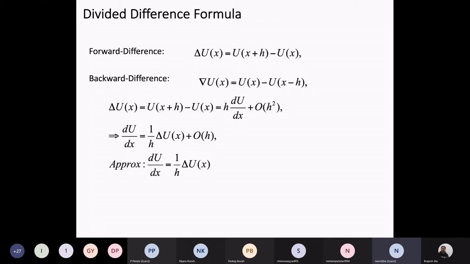The forward difference operator is u of x plus h minus u of x, and this forward difference operator is helpful in finding the first derivative. The question is, how have I obtained this forward difference formula?